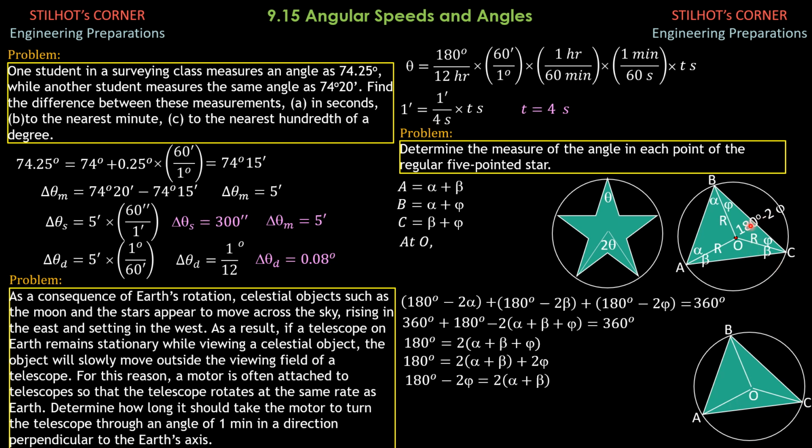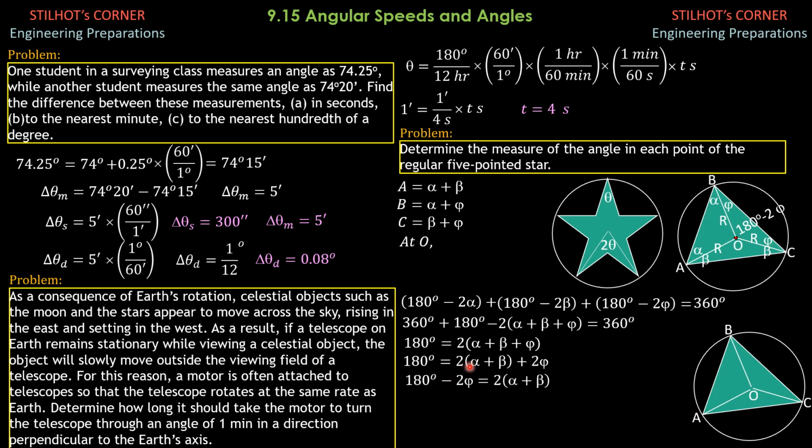Half of that measure. So this angle here, alpha plus beta, which subtends arc BC, is only half the measure of the subtended arc, equal to this central angle here.